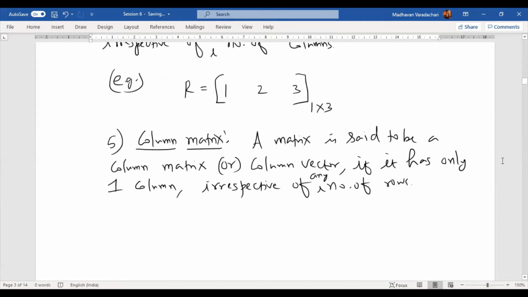Let me call that matrix C: 1, 2, 3. This has 3 rows but 1 column.